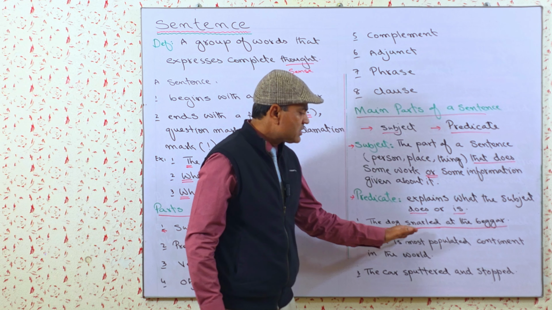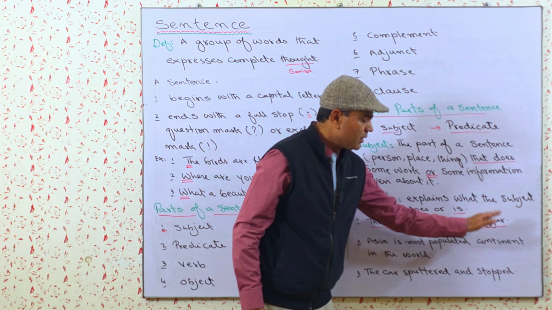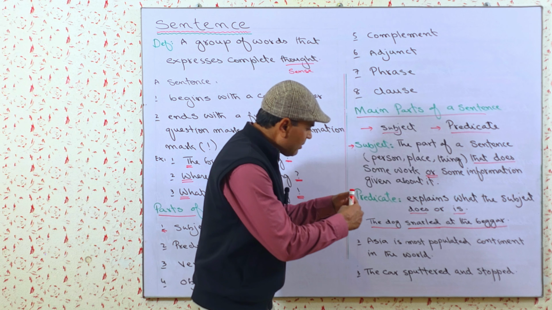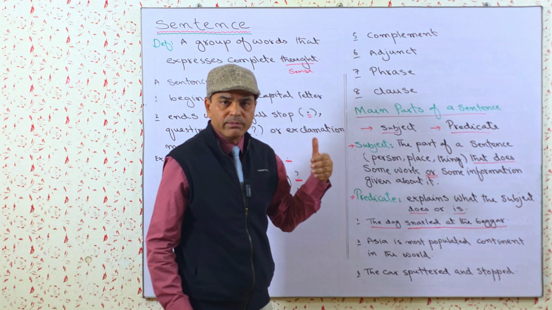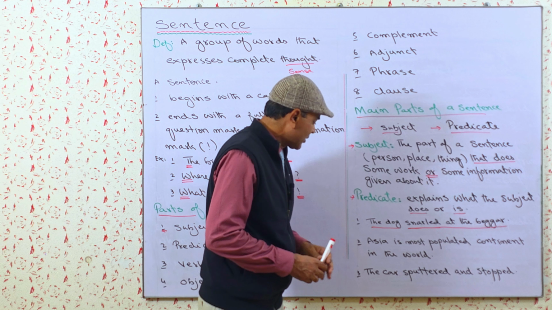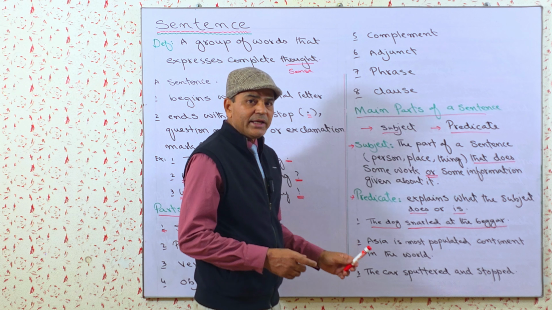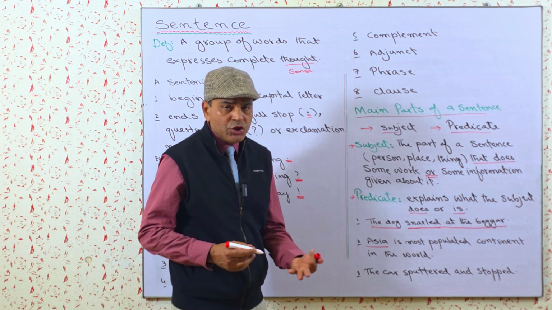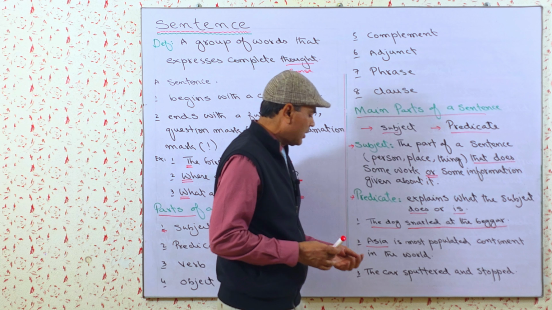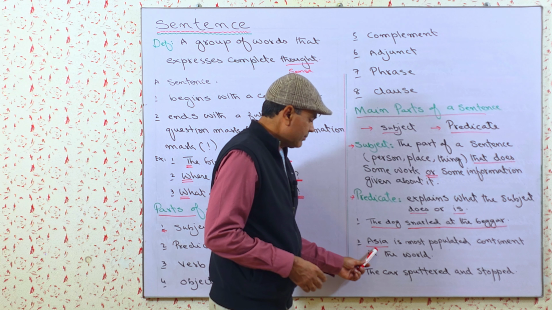The dog is the subject, snarled at the beggar is the predicate. And predicate is further divided into all these kinds that we will be discussing in our upcoming lectures.